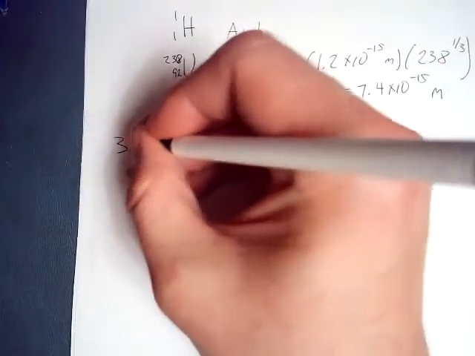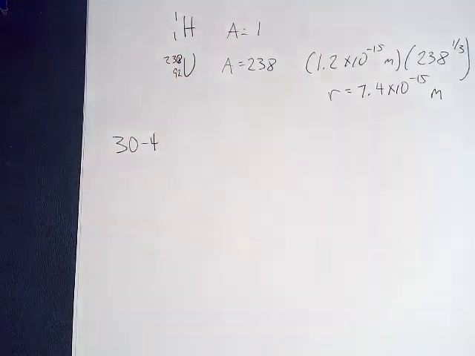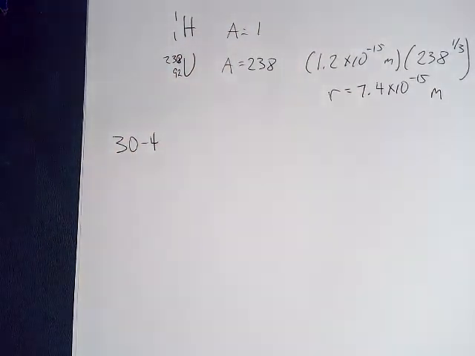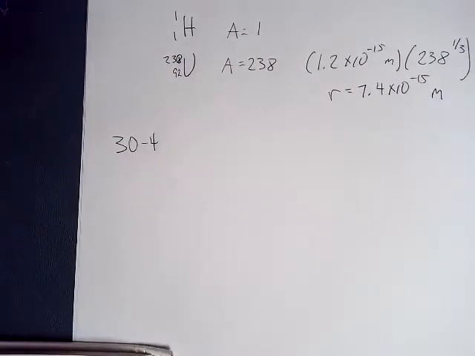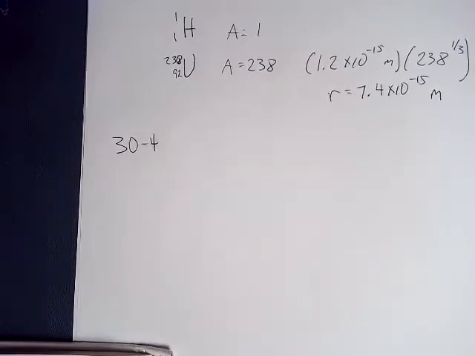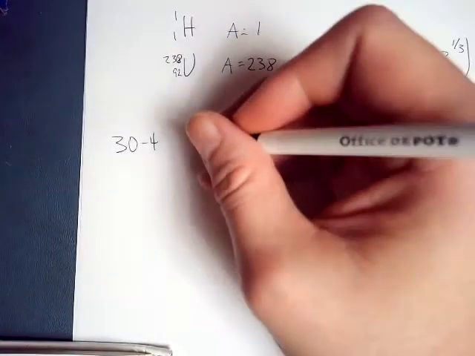Okay, 30-4. Now we're getting into the really unusual part of nuclear physics. For example, this one we're asking for binding energy for iron. So basically what we're doing is we're taking the mass of iron, okay?